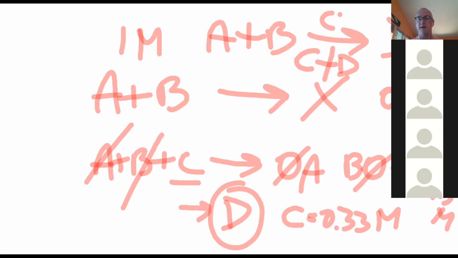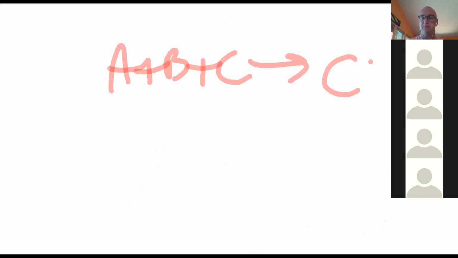So at the end you get C plus D. So basically your reaction would be A plus B plus C gives you C plus D. Since C went into the reaction and C came out of the reaction, we say it's not really a part of the reaction because you didn't create nor destroy it. So that would be a catalyst.